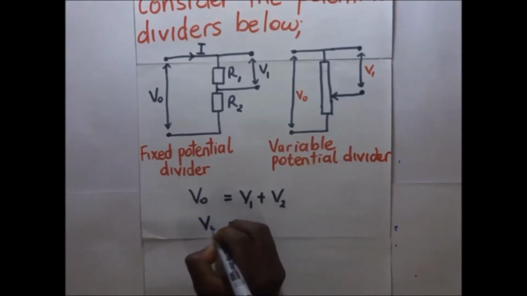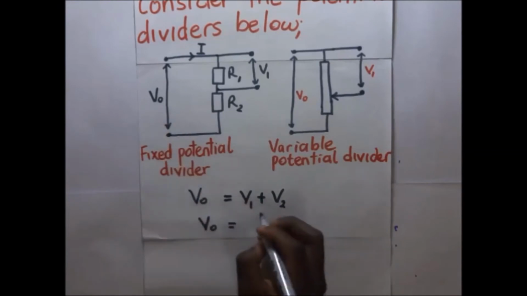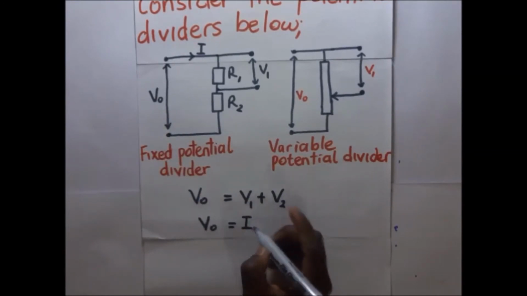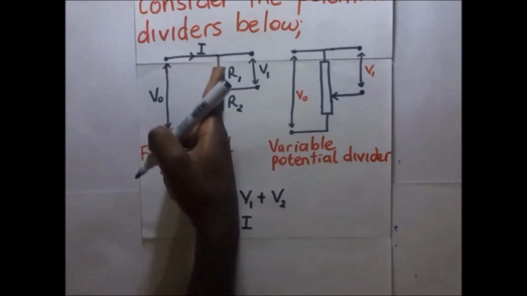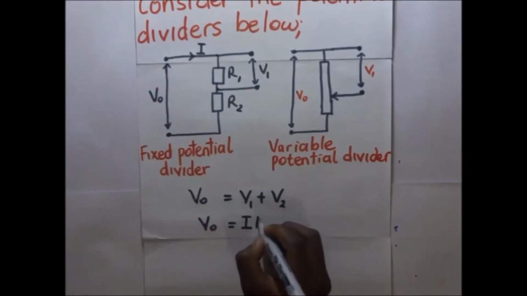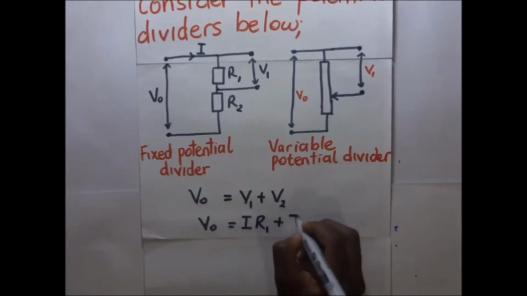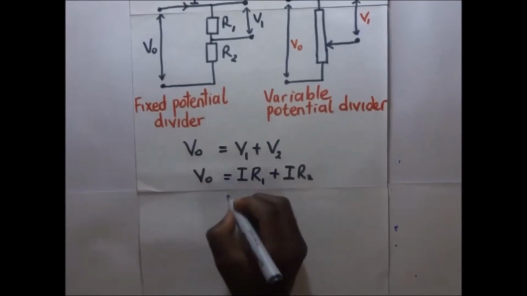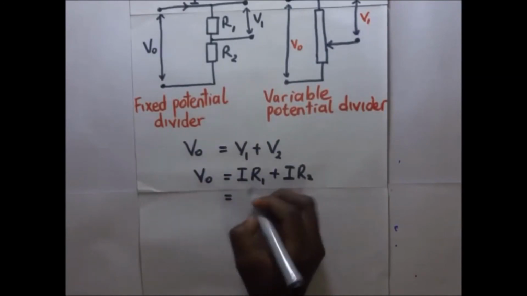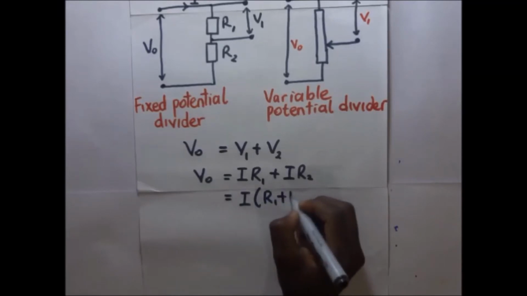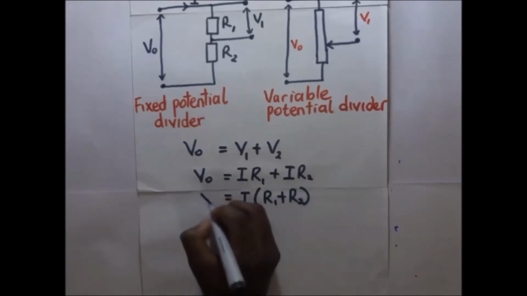So V0, which is the input voltage, is going to be equal to the current. It's going to be the same current going through this whole resistors and coming like that. So it's going to be current times R1 plus I times R2. So this is going to become I into R1 plus R2 is equal to V0.